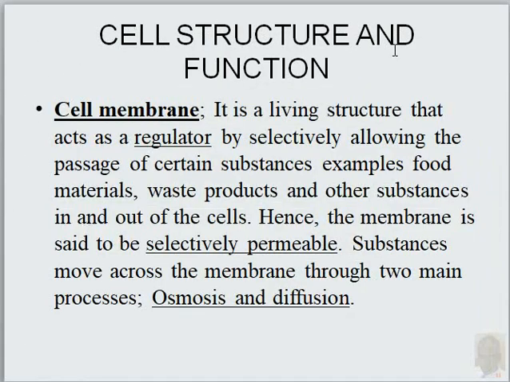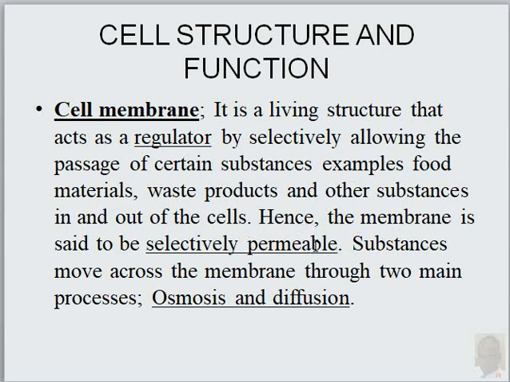So when we look at the structures now, we talk about the cell membrane. The cell membrane is a living structure, and it acts as a regulator, right? By selectively allowing the passage of certain substances, for example, food material, waste material, and other substances into the cell.